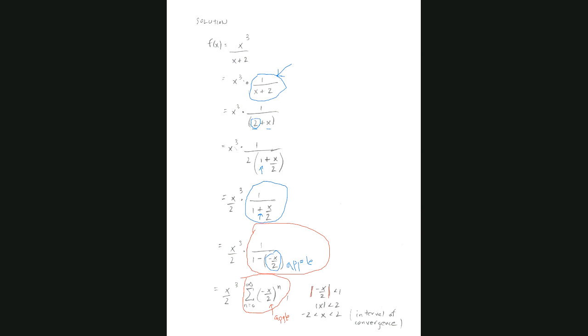You would get an interval of convergence, but then you had to test the endpoints. But you don't have to do that for the problems from section 8.6. Why is that?